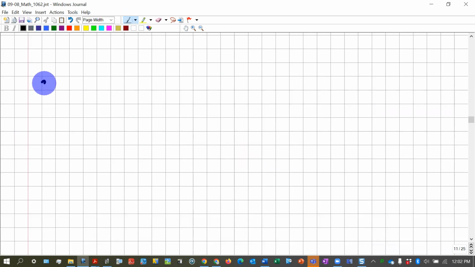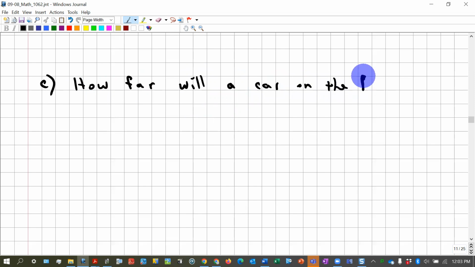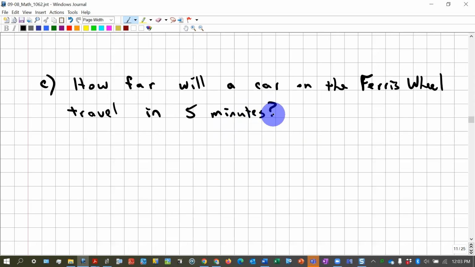Suppose I add a question to this: how far will a car on the Ferris wheel travel in 5 minutes?